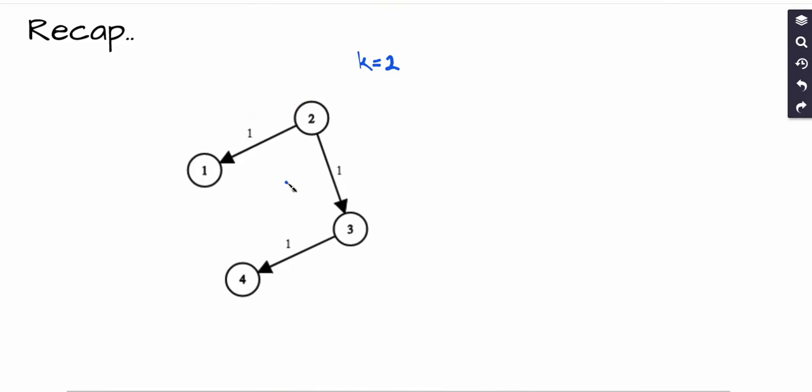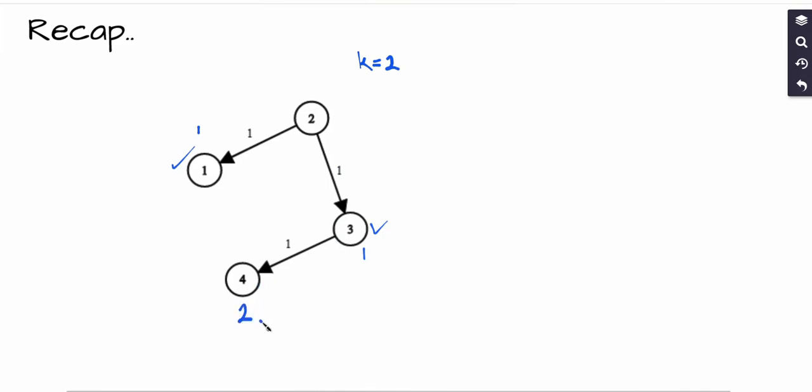Let's say we send the signal from node number 2. Then it would take 1 second for the signal to reach node number 1, and it will take 1 second for the signal to reach node number 3. So I will put 1 second for node number 1 and 1 second for node number 3. Then it will take 2 seconds to reach node number 4, since 1 plus 1 gives 2.